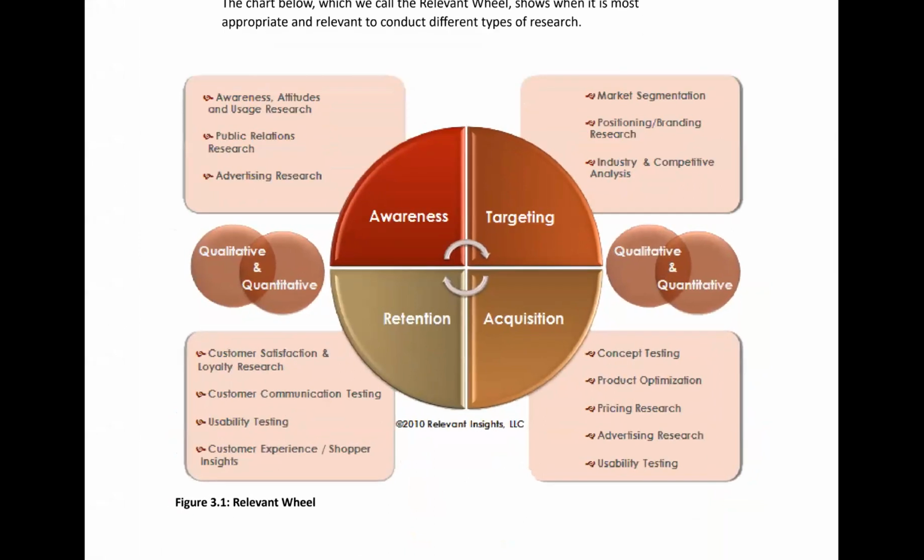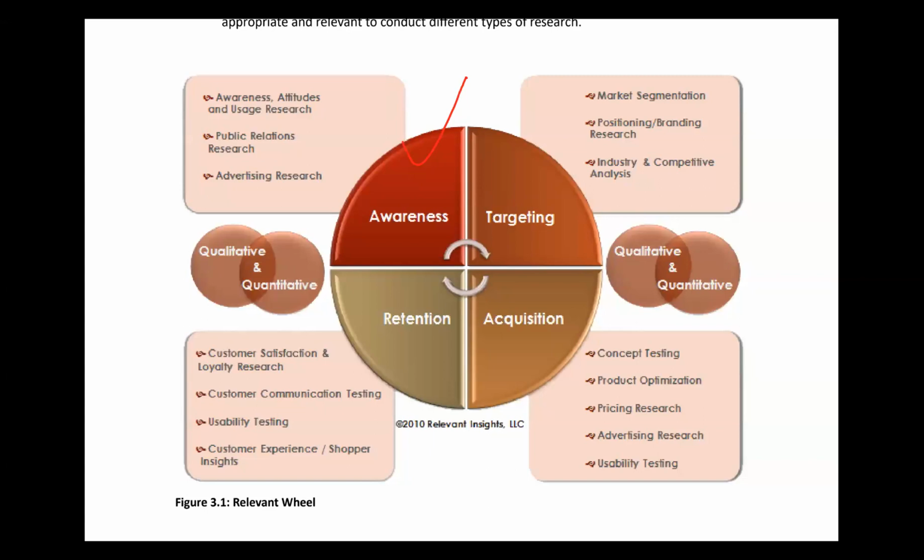Number one, there is awareness, attitudes, and usage research. Messages research can be used, public relations research, advertising research. All these can be done with a focus on awareness, creating awareness.